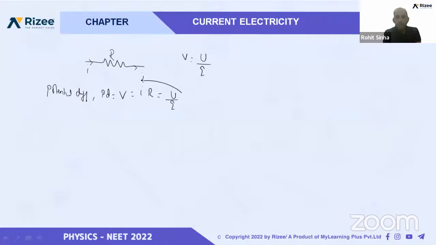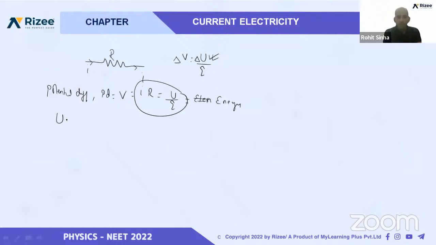So from here, U is the energy, the electrostatic energy. But that was a formula of energy in case of electrostatics. If we put in the potential difference, it will be our electrical energy.